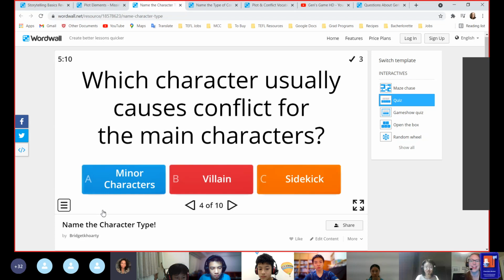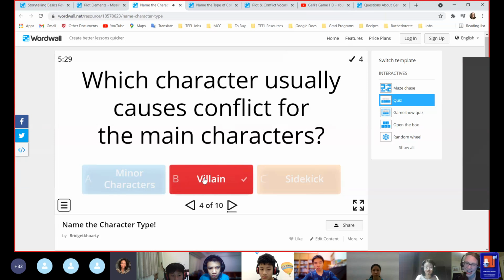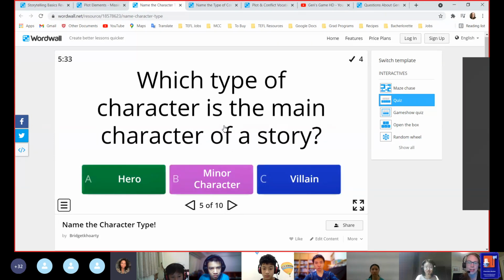No one. All right, raise your hand if you think it's the villain. Okay, everyone. And no one says sidekick? Nice job, yes. With their negative traits, they usually cause some problems for the main characters.